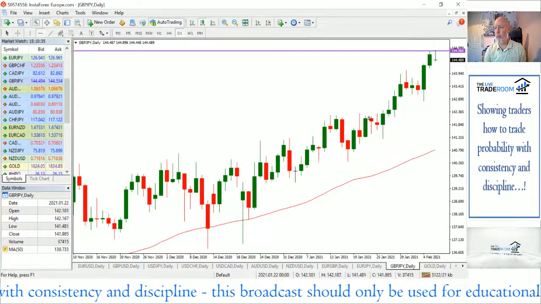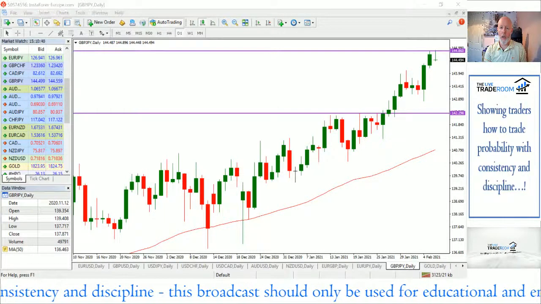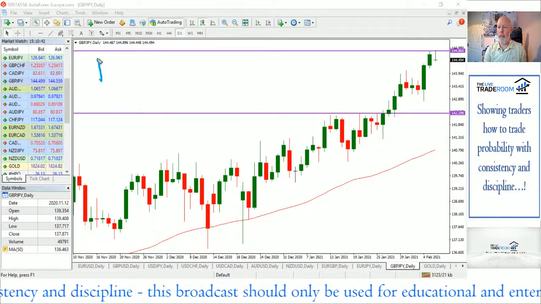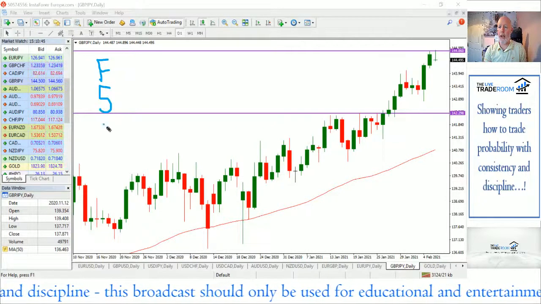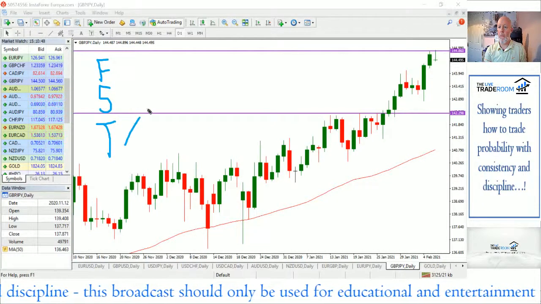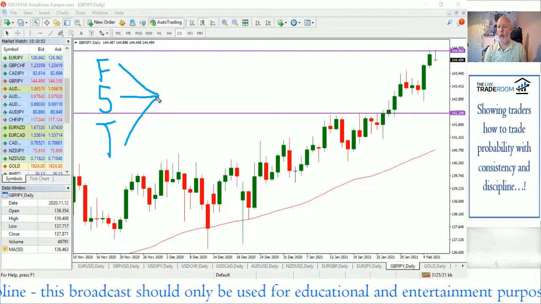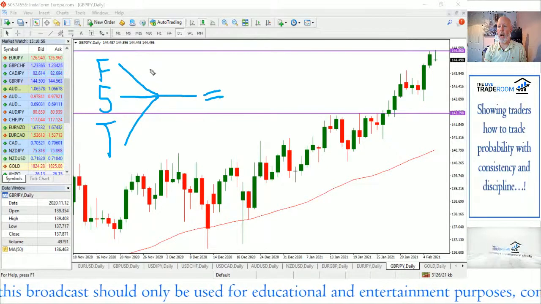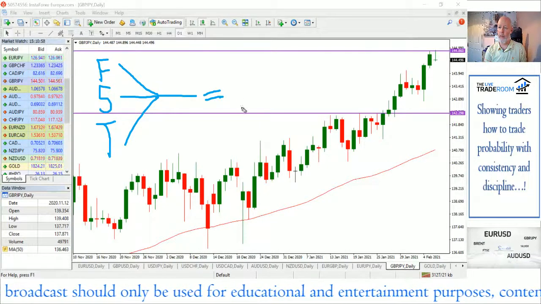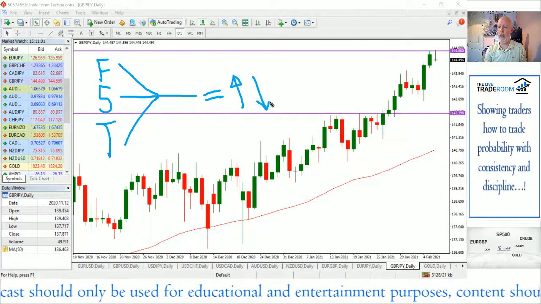So when we trade, we want to try and get the fundamentals, the sentiment of a market, and the technicals. We want all of these three things to align almost for us to be able to buy or to sell any particular market.